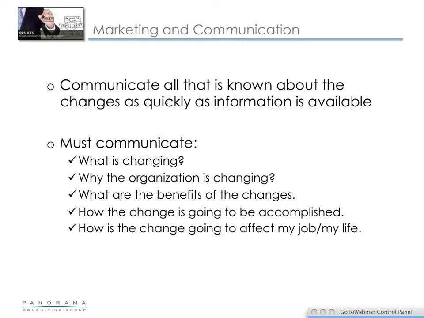You must communicate exactly what is changing, why the organization is changing, what the benefits of those changes are, and how the change is going to be accomplished. Everyone is always going to be interested in how that change is going to affect their job or their life. So whenever a piece of communication goes out, you have to make sure that these components are a part of that.